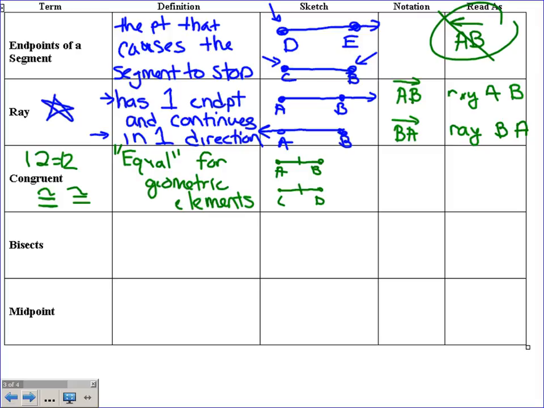We would write: line segment AB is congruent to line segment CD. AB is congruent to CD. So equal for geometric things, when you talk about rectangles or lines or rays or anything else.